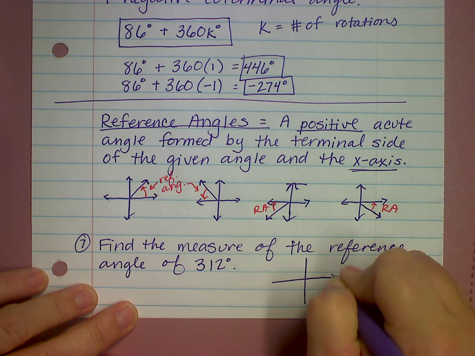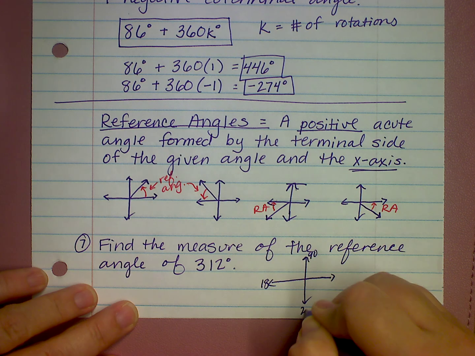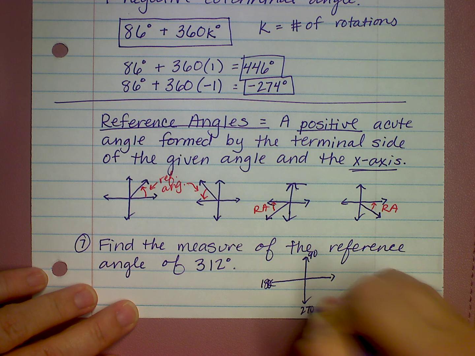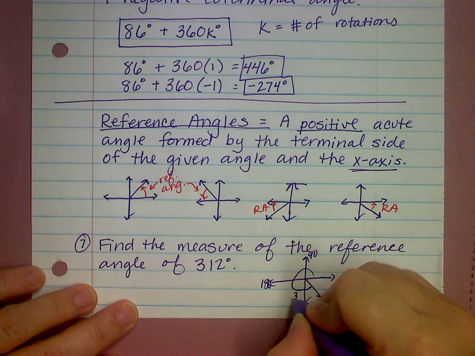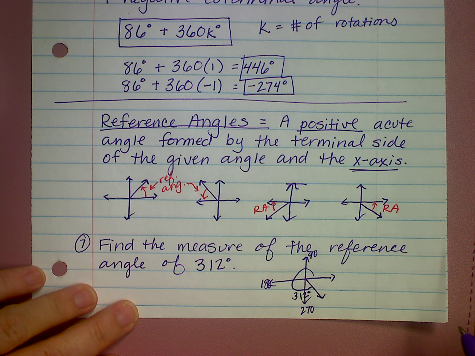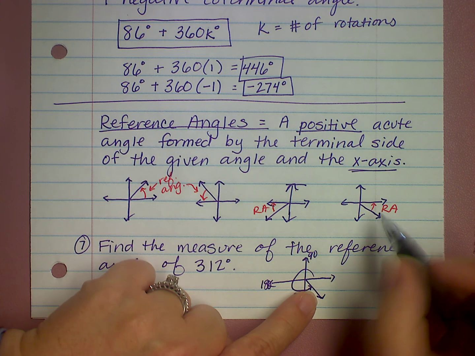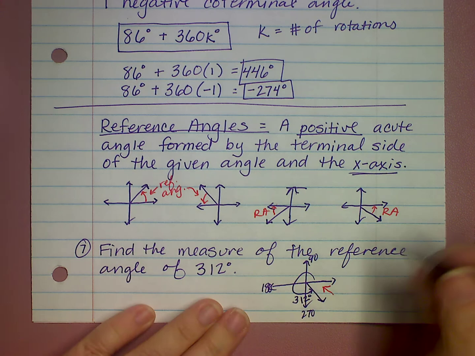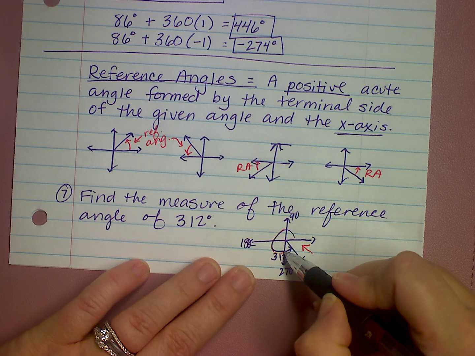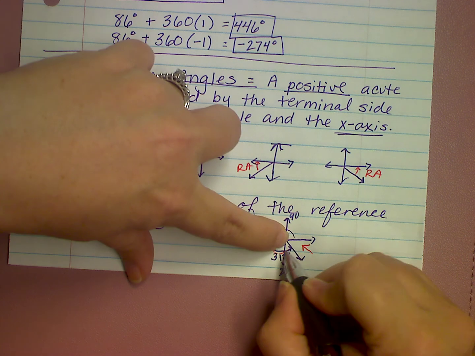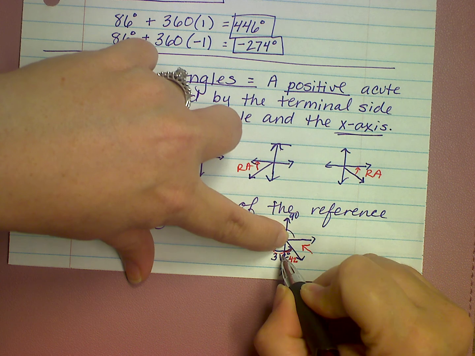It is in quadrant 4 because if we remember, we had 90 degrees, 180, 270. So 312 is something down here, right? So where is my reference angle going to be? Well, for a fourth quadrant one, my reference angle is actually going to be that. And there's a couple different ways I could find that. I could understand that this is 270, which means that this right here is what, 42, in order to get to 312.